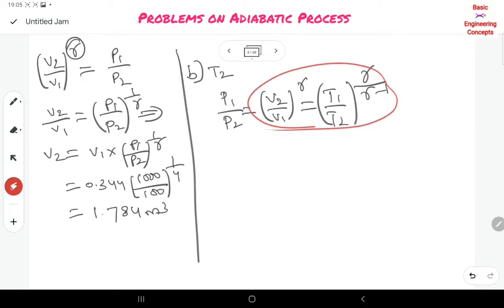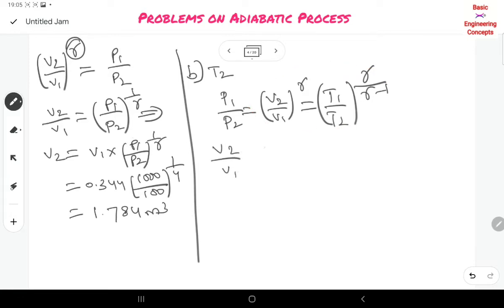So this relation, V2 by V1 to the power of gamma is equal to T1 by T2 to the power of gamma by gamma minus 1. Gamma is cancelled.